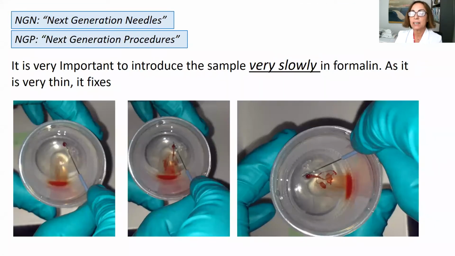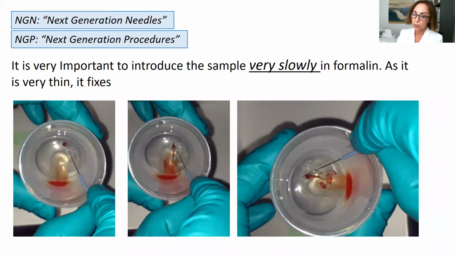But the trick using these two approaches, new needles and new procedures, at least in our experience, we have been doing this for some years already, is that it is very important to introduce the sample, which is inside the needle, directly in formalin very slowly. Because the sample is very thin, it is getting fixed while it's entering into the formalin.